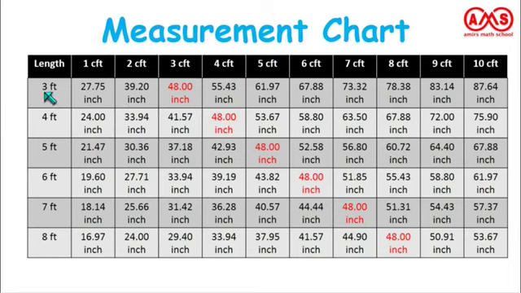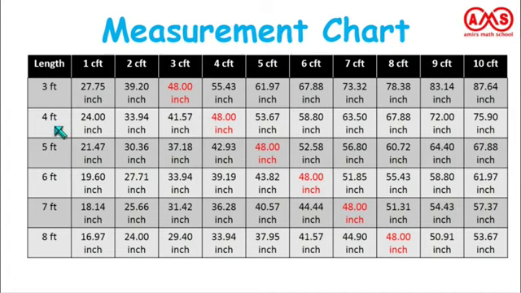Similarly, if we want to get 7 CFT from this 3 feet long wood log, in that case the average circumference will be 73.32 inch. If any 3 feet long wood log has 73.32 inch average circumference, we can approximately get 7 CFT wood from that wood log.